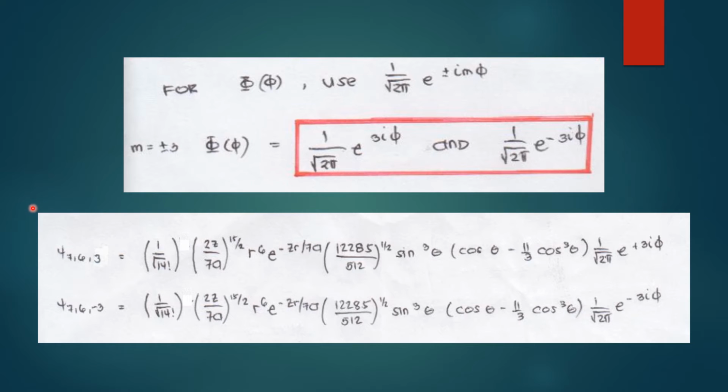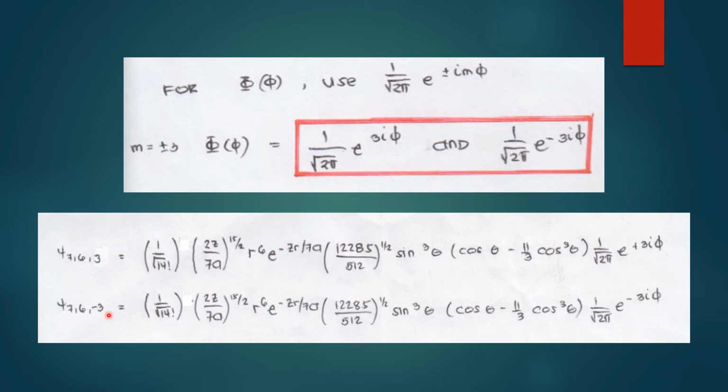Finally, our complete function will be psi 7 6 3 is equal to 1 over square root of 14 factorial times 2z over 7a raised to 15 over 2 r raised to 6 e raised to negative zr over 7a times 12,285 over 512 raised to 1 half sine cube theta times cosine theta minus 11 over 3 cosine cube theta times 1 over square root of 2 pi e raised to positive 3i phi.